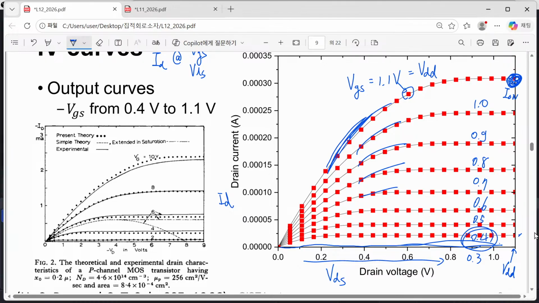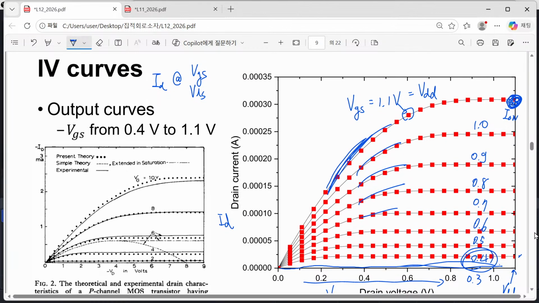So this example simply means that although it seems a little complicated, by using this Pao-Sah double integral, we can predict the IV characteristics of this long channel device at arbitrary bias condition.